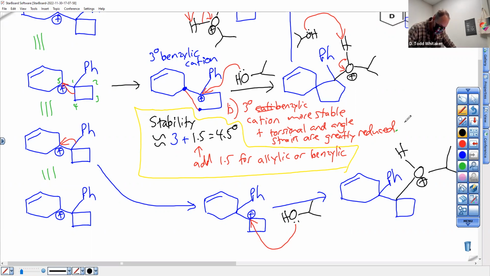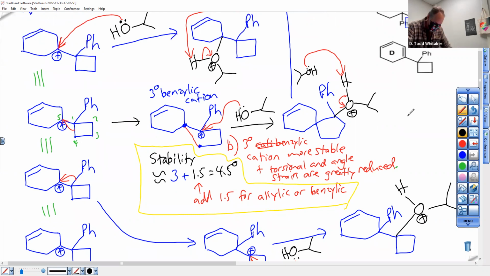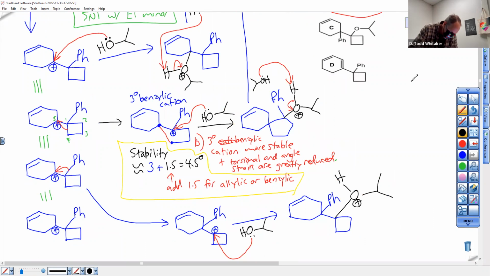I think that's the third product, conjugate acid. There's the third product. And we'll see if we can get it in there. Need your isopropanol again. So we're doing the same thing over and over.